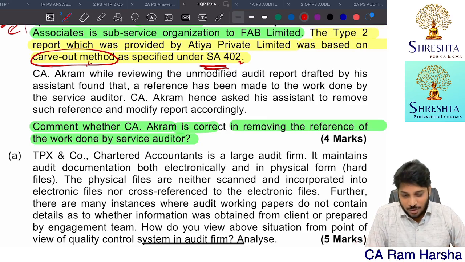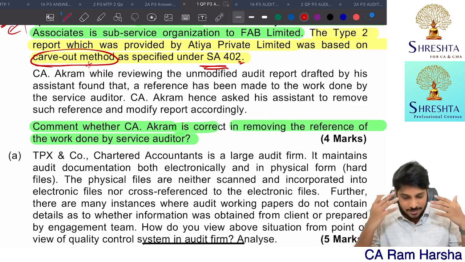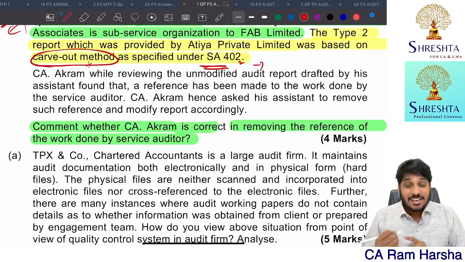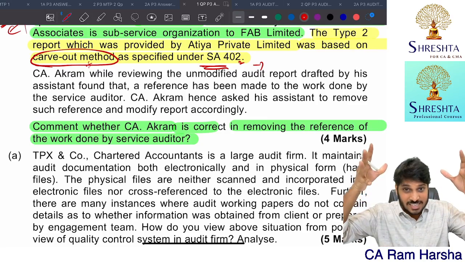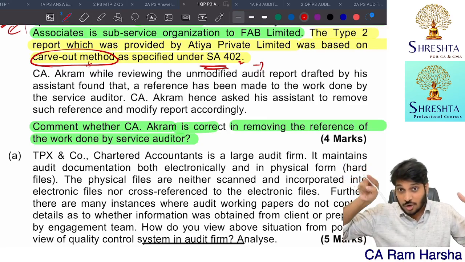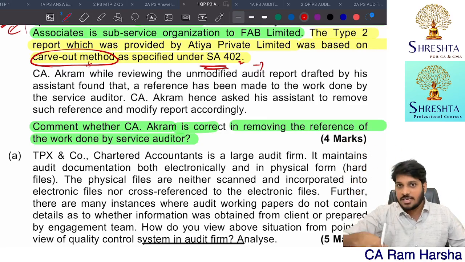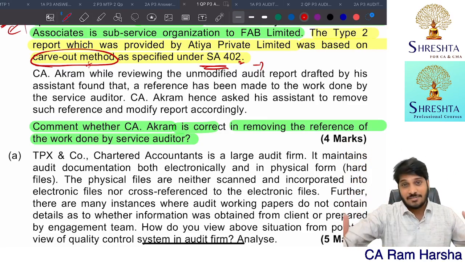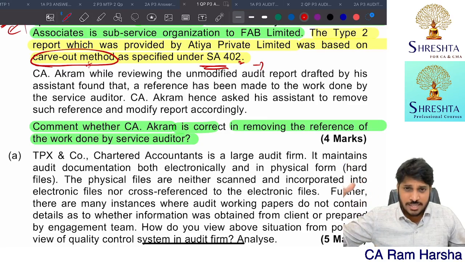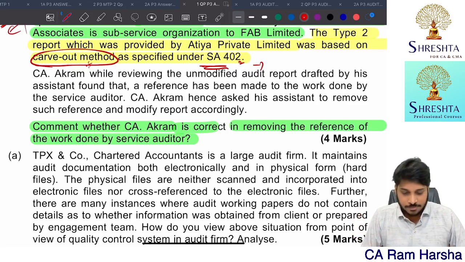We don't use carve out and carve in in normal auditing standards, though probably in India you will be using it. Carve in method means that when the service organization gives the description, design and operating effectiveness of services, and they are using a sub-service organization, the sub-service organization controls are also described in that report. If so, that's the carve in method. If sub-service organization related information is not given, that's the carve out method. That's what it actually means.